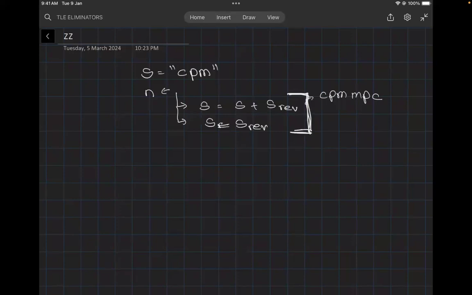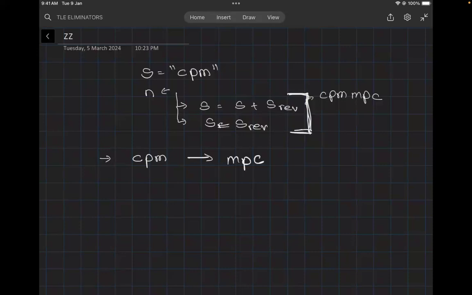Now, guys, let's discuss some observations in this problem and see how to solve it. First, let's discuss what happens when we reverse something. We have CPM, we reverse it, and we get MPC.